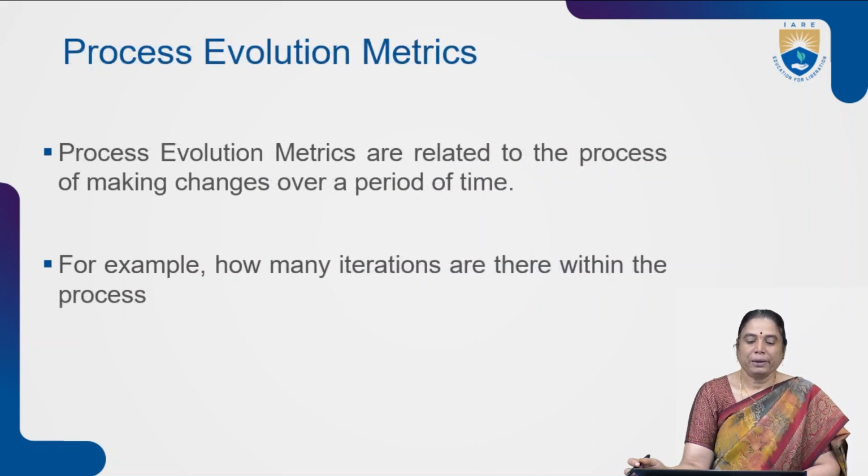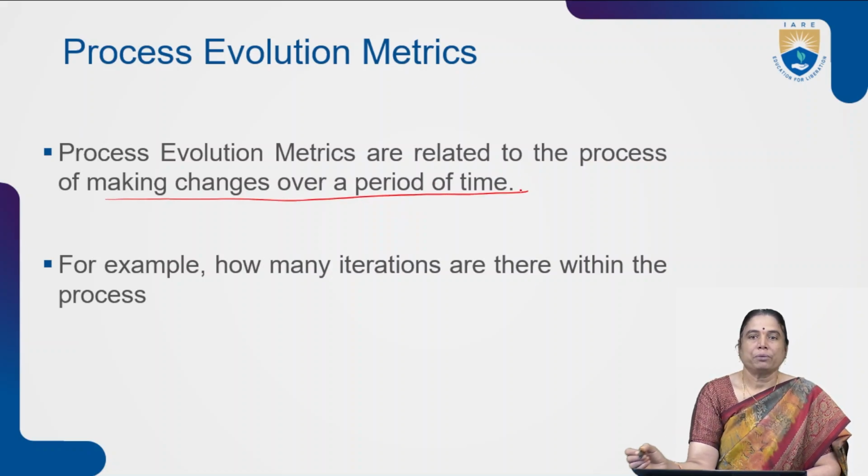Process evolution metrics are related to the process making changes over a period of time. An example metric is how many iterations there are within the process.